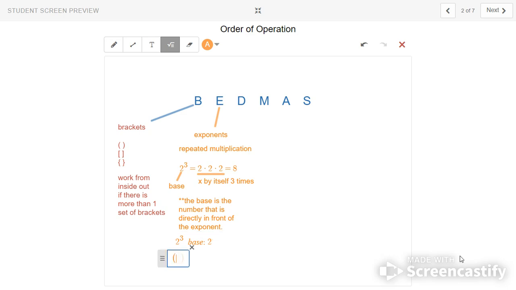But if I have a bracket, negative 2, to the 3, the base is negative 2. Now contrast that to my last example. I have negative 2 to the power of 3. The only thing that is directly in front of the exponent is the 2. So the base in this case is 2.